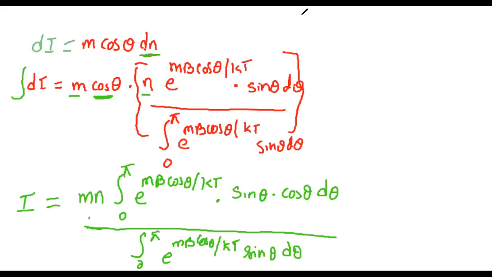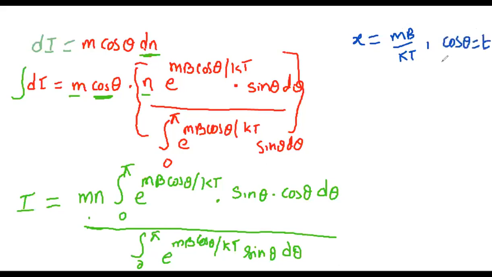Now I'll use a different color pen. So now I have to use integration. I think everybody knows integration. So I'm simplifying the equation. Assume x is equal to mb by kt, then cos theta is equal to t.